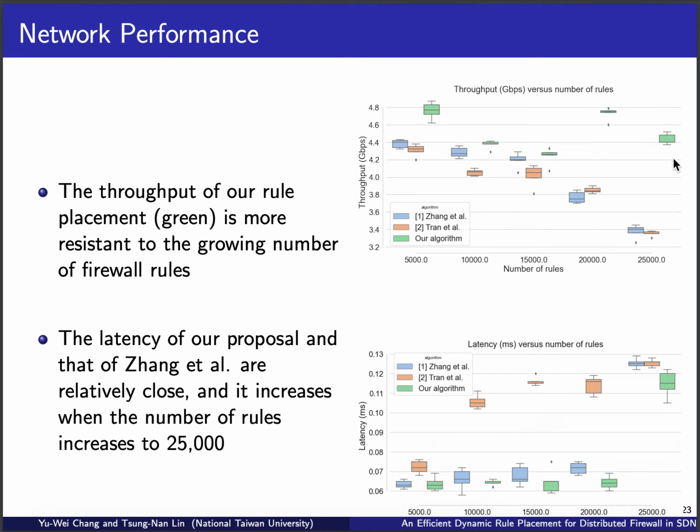And as the number of rules grows, the other two works have significantly lower throughput. Also, for the latency, Zhang's work has more similar latency to ours, but it increased when the number of rules increased to 25,000.